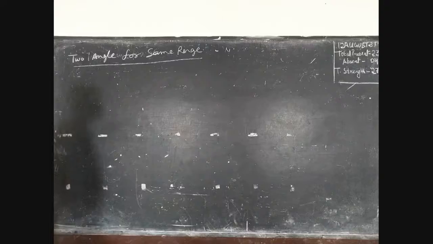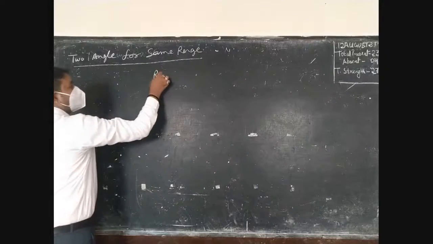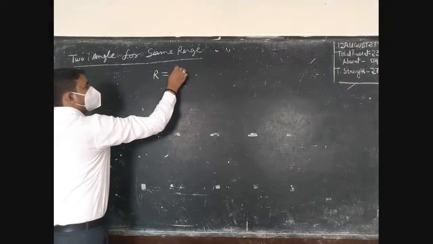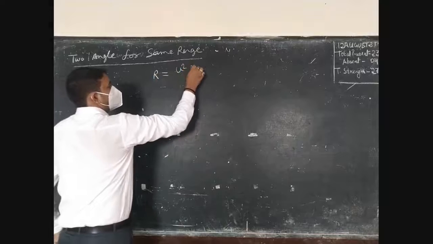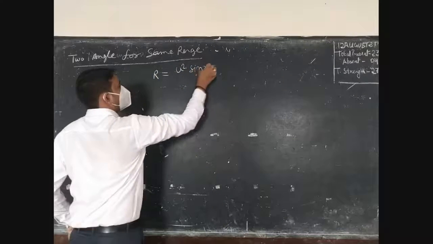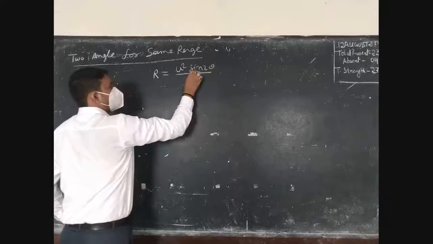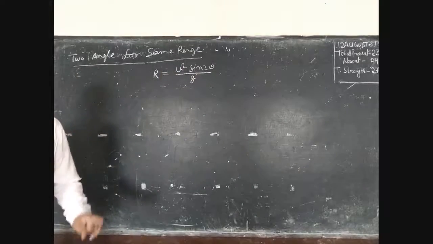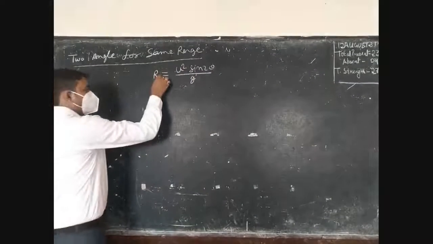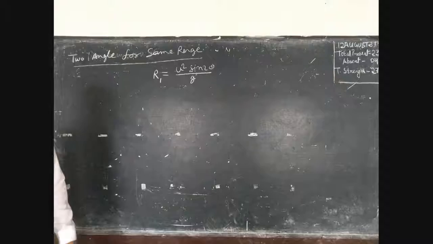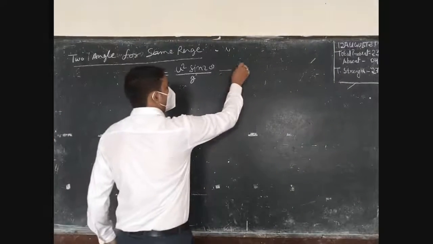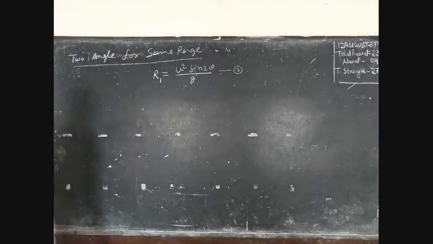The range is given by R is equal to u square sin 2 theta upon g. Let's say this is our first condition, so it is equal to R. Okay, write the next one next time.